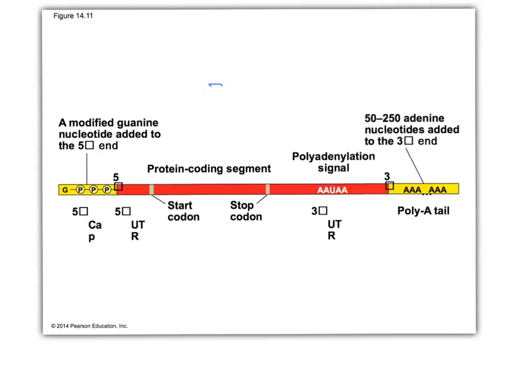Then you have a 3' untranslated region, and here's your polyadenylation signal, the run of A's for the end of this, and then the poly-A tail that's added at the end. What you see in yellow is what's happening in RNA processing. Everything else is a result of transcription. Everything else in red is actually coded in the DNA. The other stuff is added after transcription.